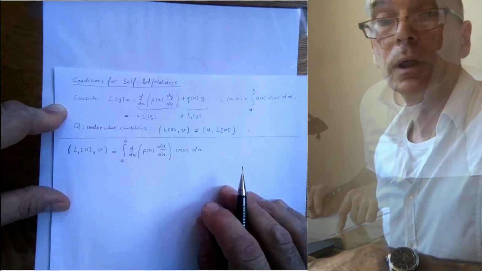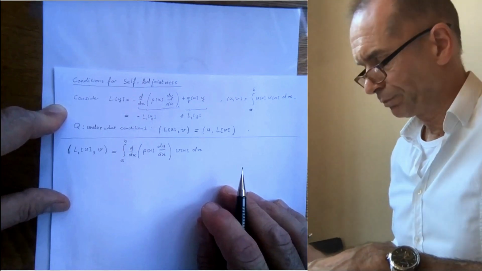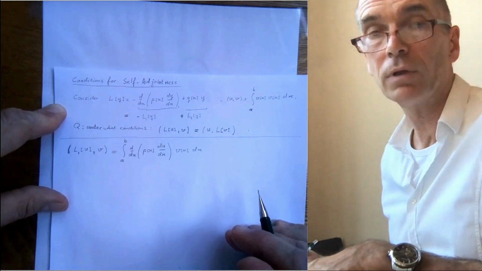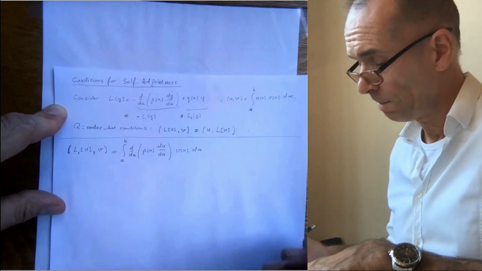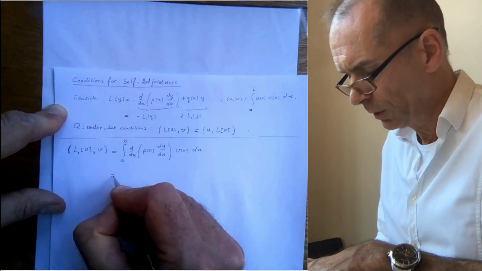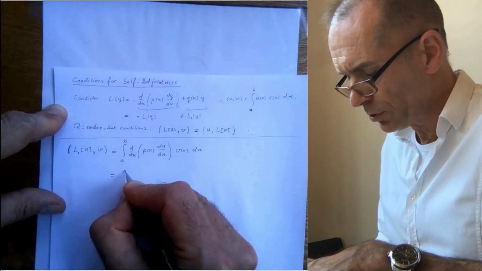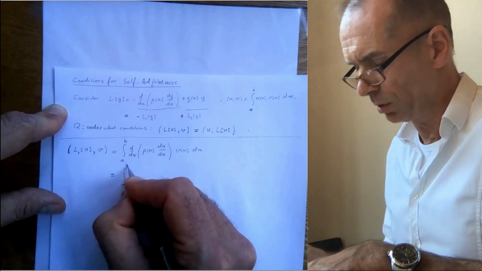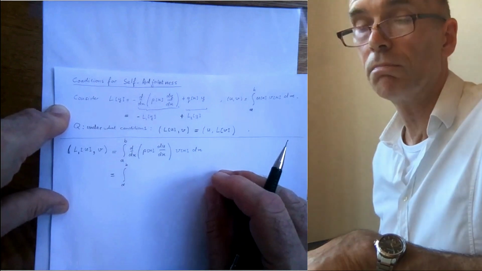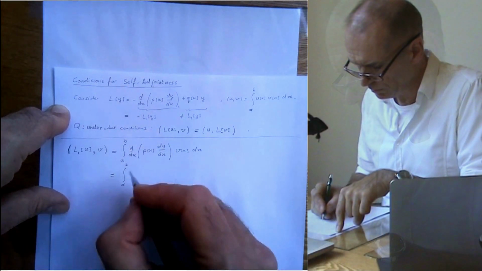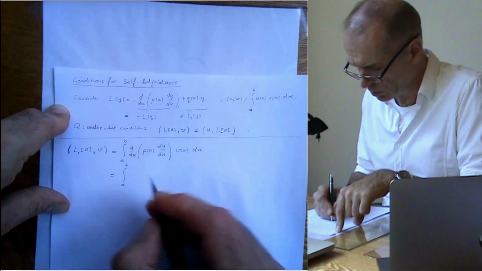And I'll try to make progress. So I have an integral, so I'll make an attempt to integrate it. It is essentially integration by parts, and integration by parts is essentially using the product rule of differentiation backwards. So I move this parenthesis over there.